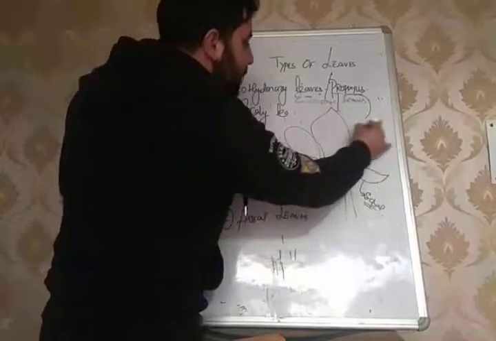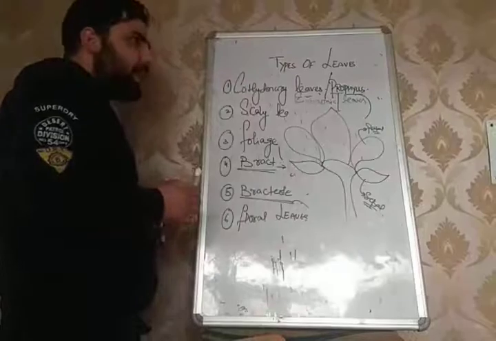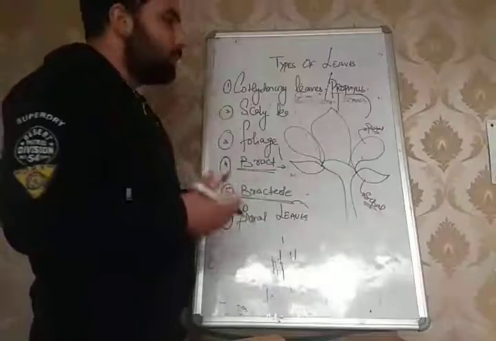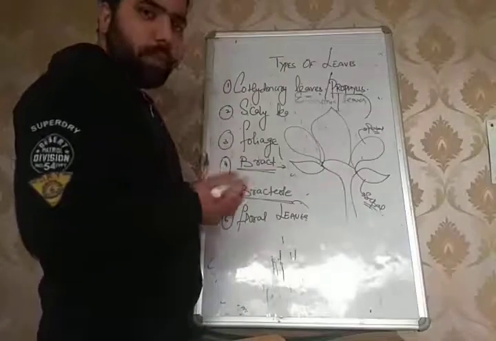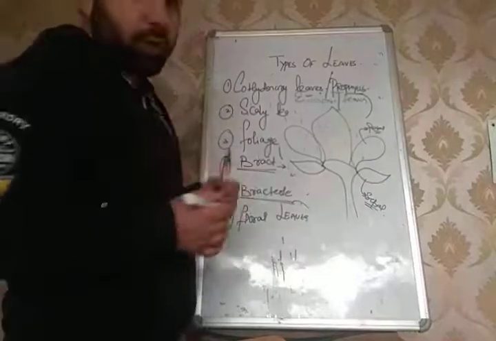Now as far as this petal is concerned, it is actually a modified leaf. Petal is brightly colored, the most conspicuous part of flower which is involved in pollination. एक flower अगर attractive है, beautiful है, it is because of this petal.